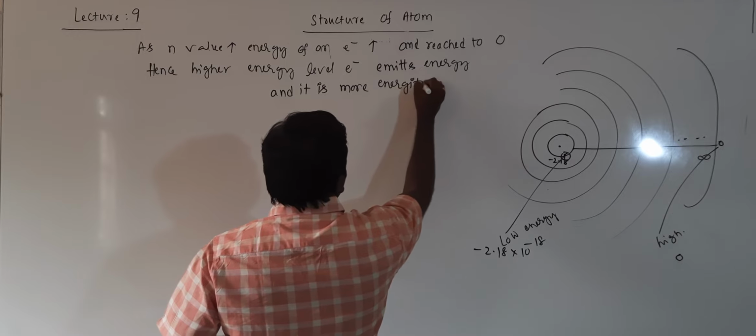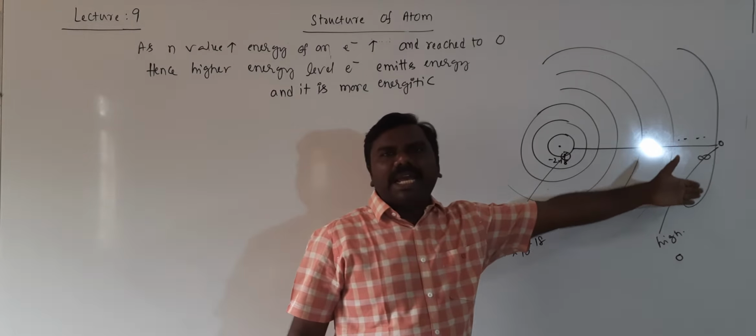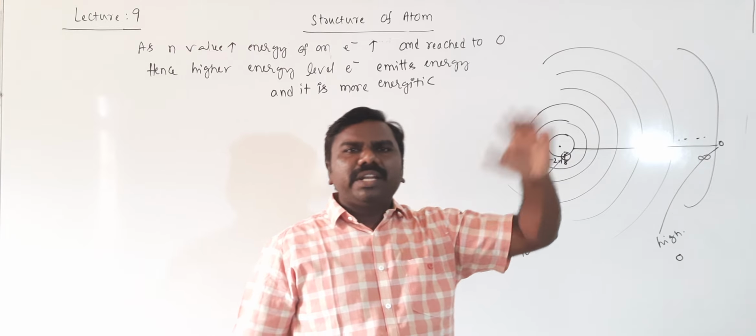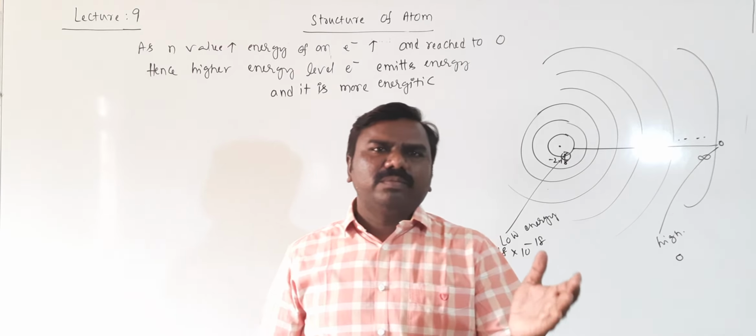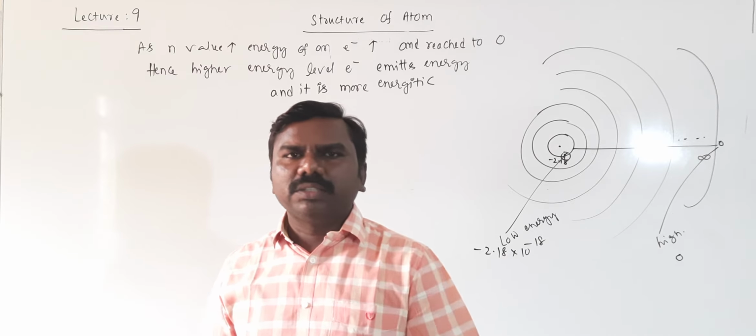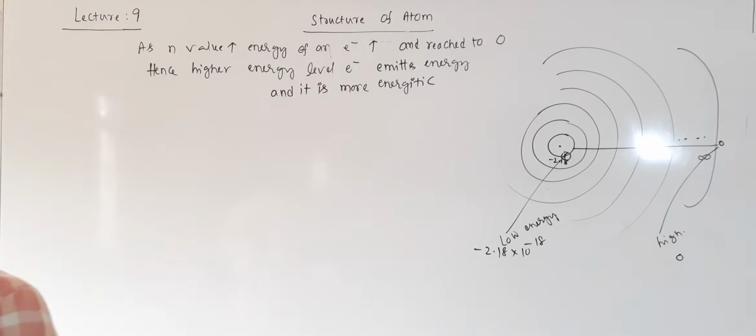A free electron has maximum energy. That's why it can emit energy from higher to lower. This is the meaning of this negative.